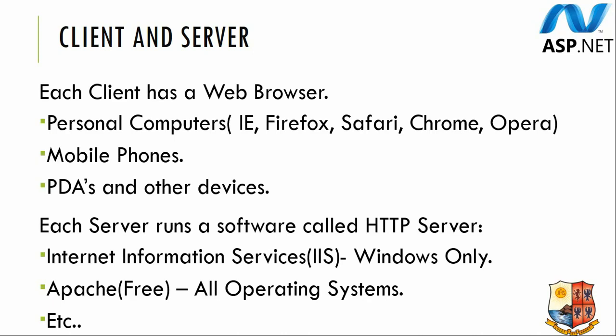Now, in the list I have given, there is something that might be new for some of you: Internet Information Services, the IIS server, which runs only on Windows right now. .NET Core has changed that a little, but since I am talking from the angle of the original ASP.NET, I'm going to say that Internet Information Services applies to Windows only.